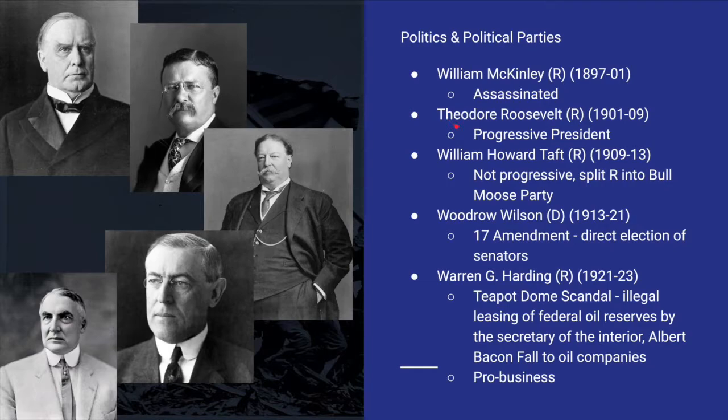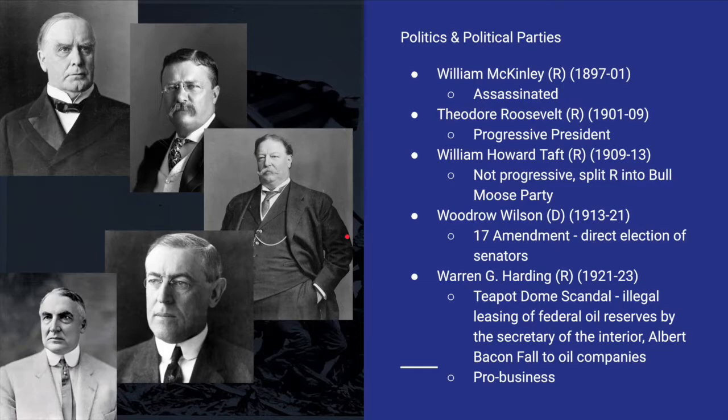Now, Teddy Roosevelt is a very progressive president. We'll get to some of the stuff that he passes in a bit, but his replacement in 1909 is William Howard Taft, known for getting stuck in the bathtub. Now, Taft is not as progressive as Roosevelt was.